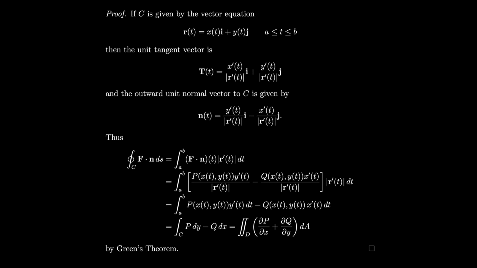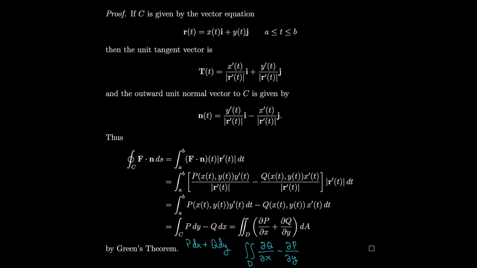So you have to be kind of careful here. Remember, by Green's theorem, we had P dx plus Q dy. So when we take Green's theorem, we would get the double integral over D of the partial of Q with respect to x minus the partial of P with respect to y.